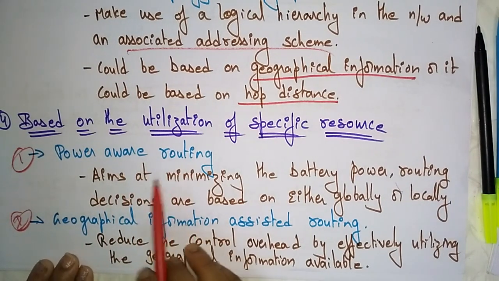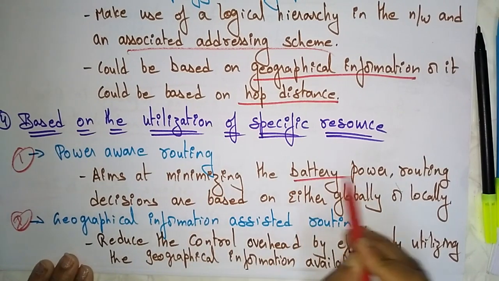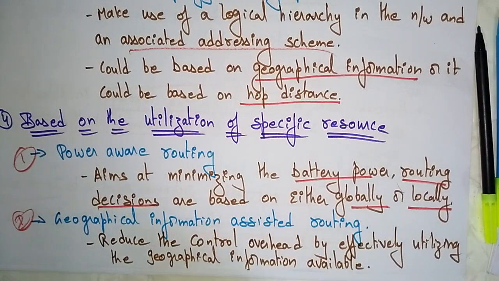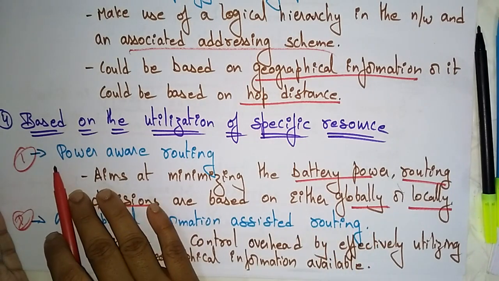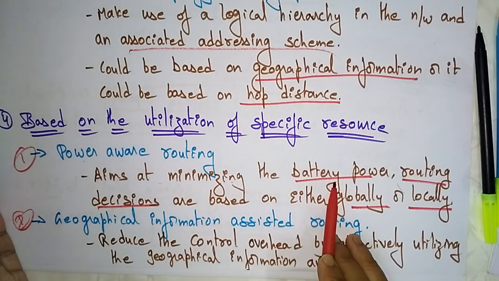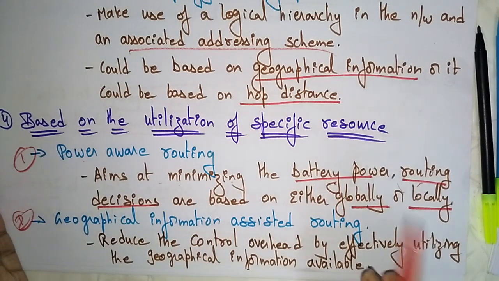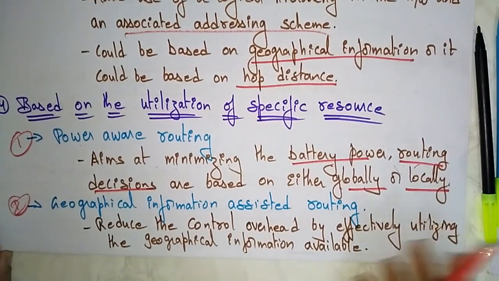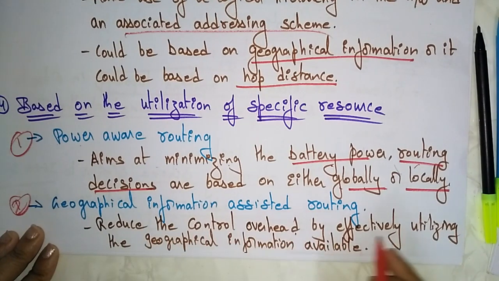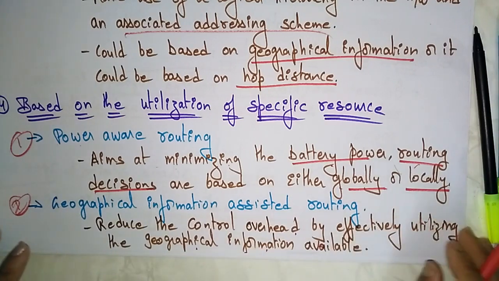The power aware routing aims at minimizing the battery power, and routing decisions are based either globally or locally. And the next one is geographical information assisted routing, which reduces the control overhead by effectively utilizing the available geographical information.